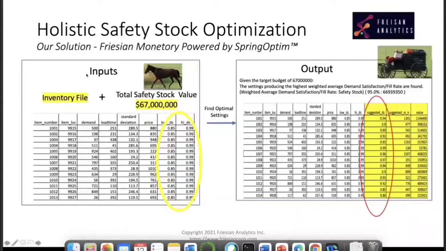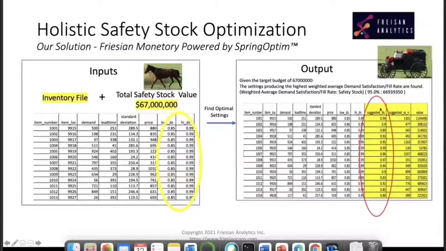Now, our executive says, I only have $87 million for you this year. Okay, then we take this $87 million. We put both the inventory file and this budget number in, and our software will keep running, depending on how many parts, how many items you have.